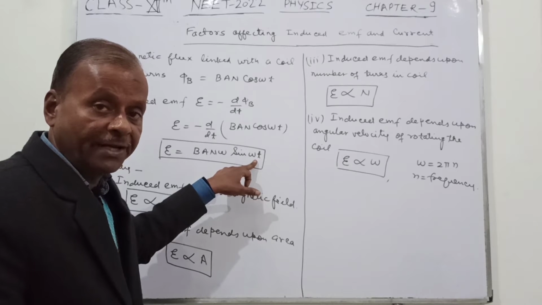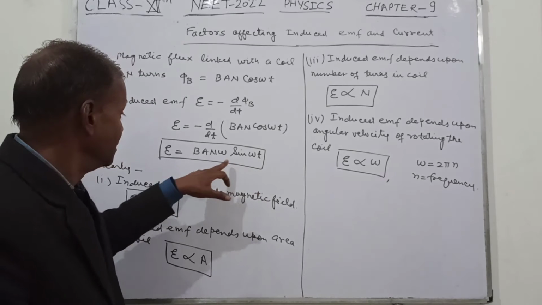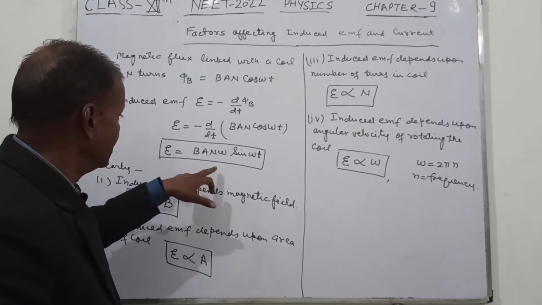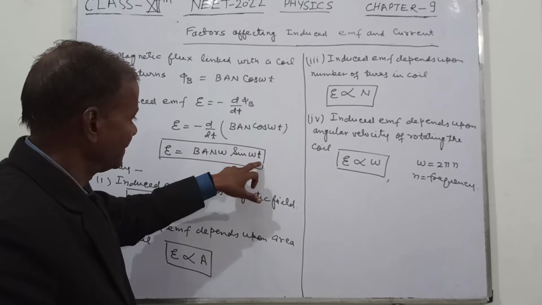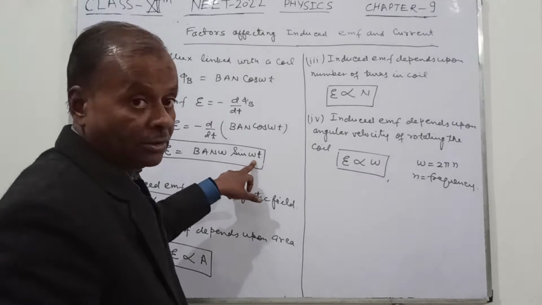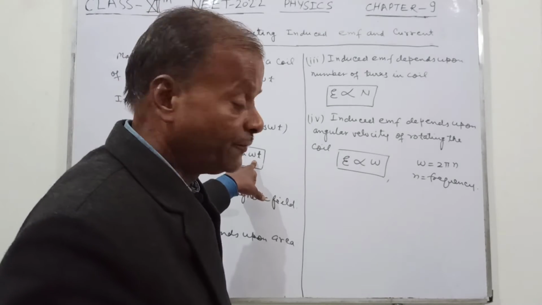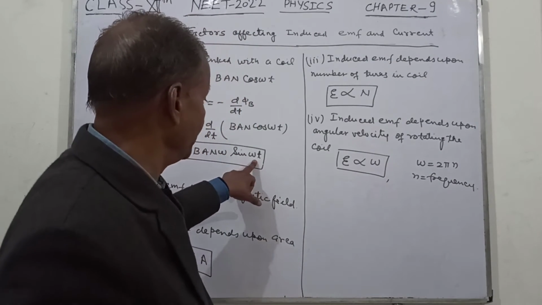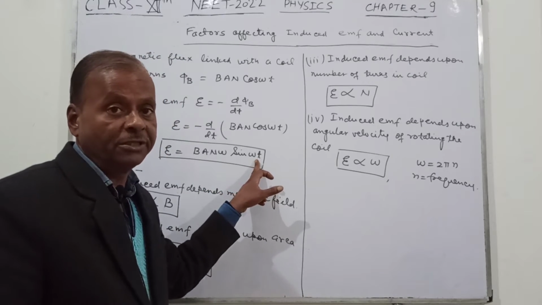So when the plane is perpendicular to the magnetic field lines, in that case this B will be... the plane of the coil is parallel to the magnetic field lines. In that case, because we are always taking this angle with the normal of the coil.